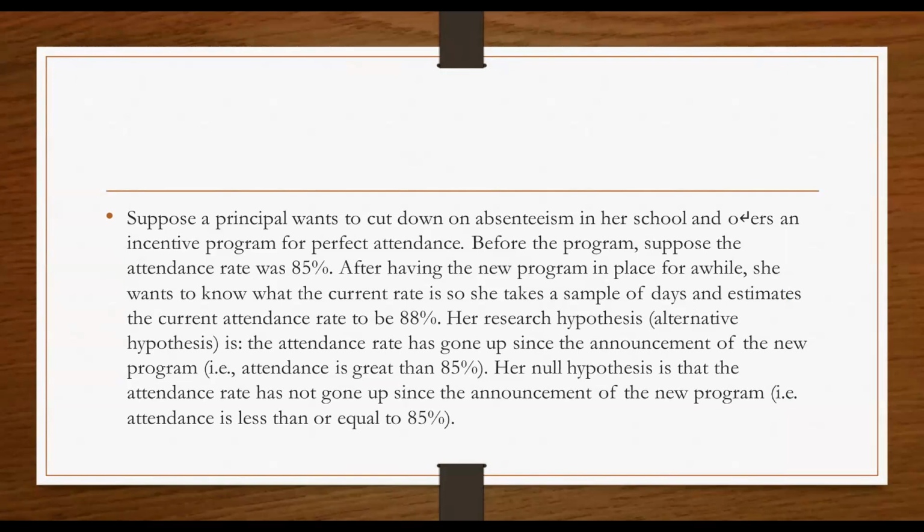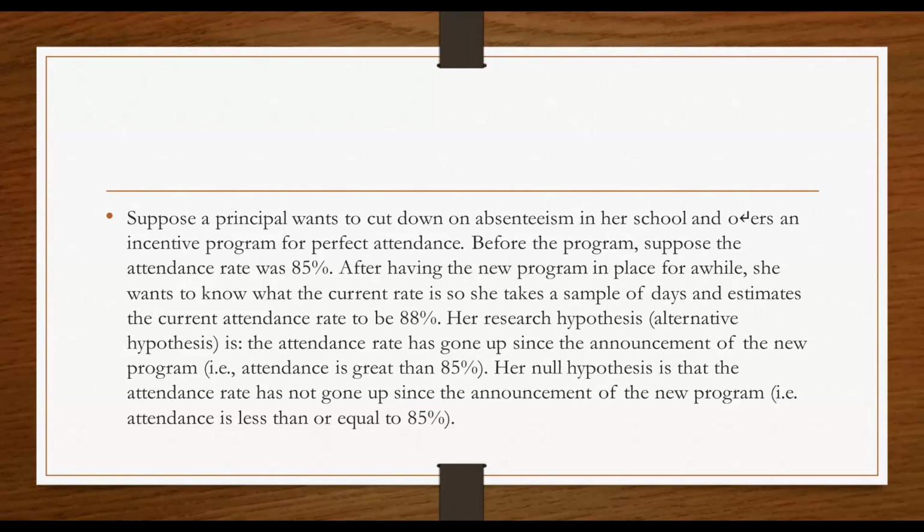After having the new program in place for a while, she wants to know what the current rate is. So she takes a sample of days and estimates the current attendance rate to be 88%. So the average has increased to 88%. This is what she has found.